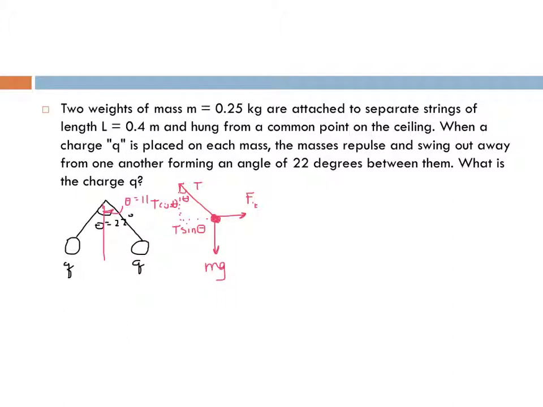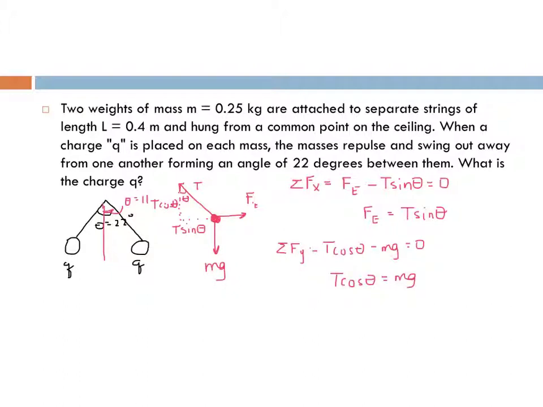So, the forces in the x direction: Fe, which is our electric force, minus T sine theta is equal to 0. That means they must equal each other. And the sum of the forces in the y direction are T cosine theta minus mg, also equal to 0, meaning that they also equal each other.